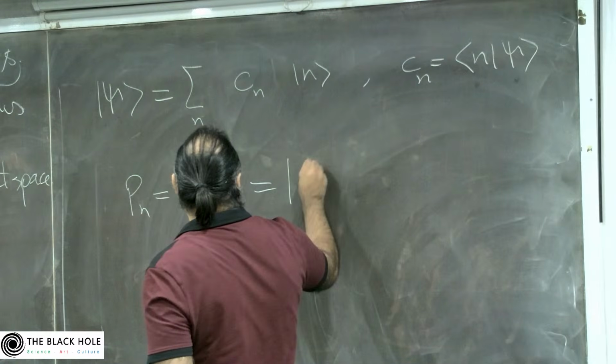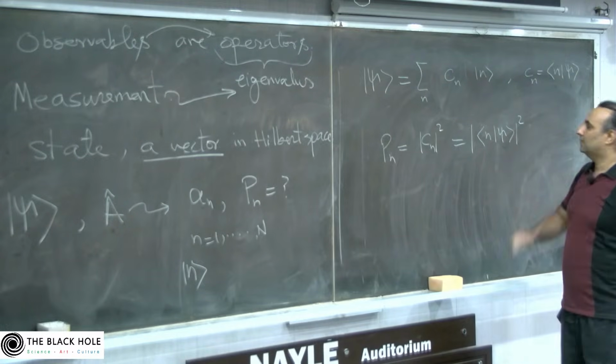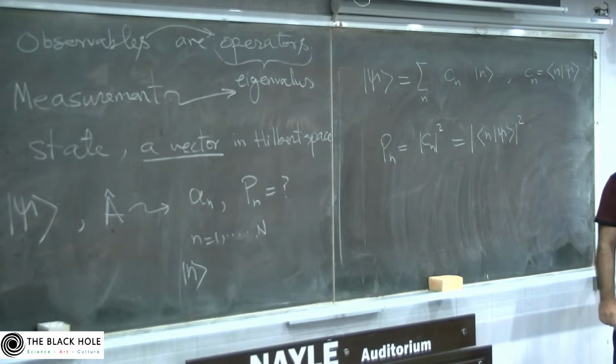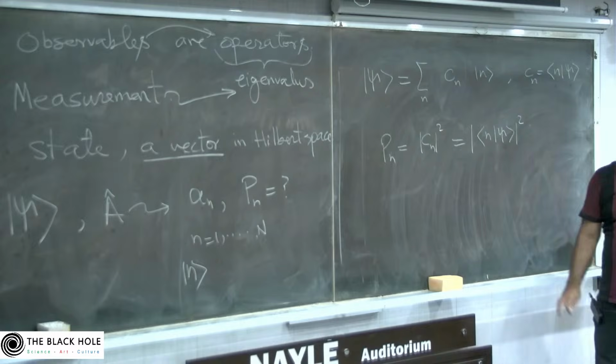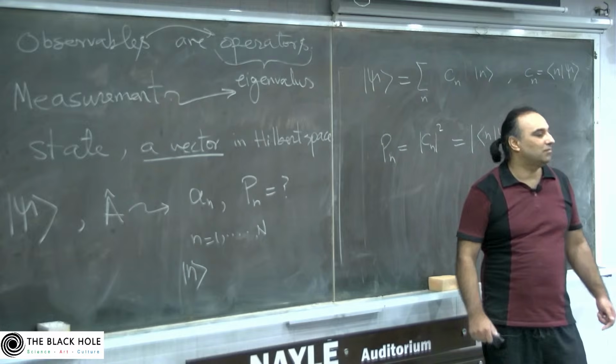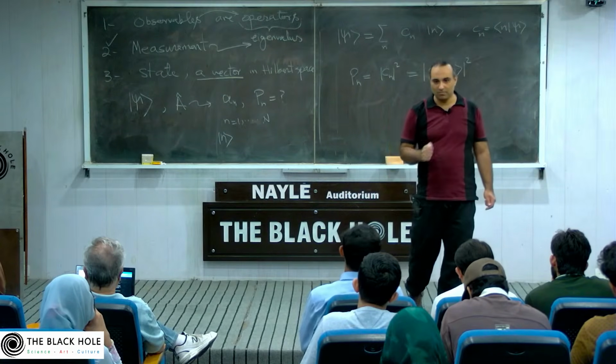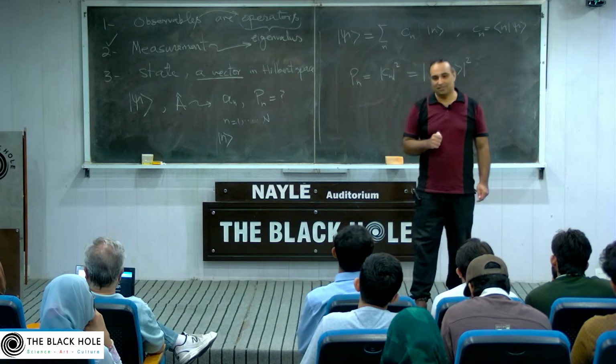So it's basically this quantity. Once we have this, we can compute probabilities for any observable for any state.